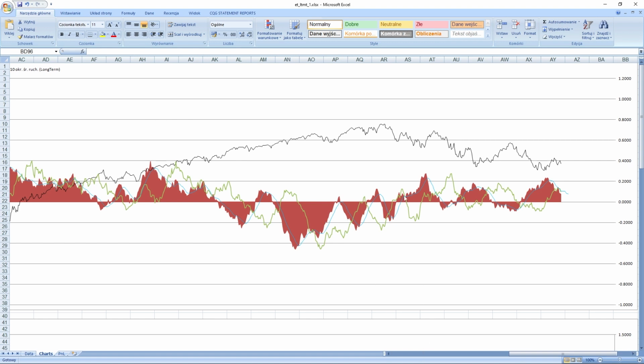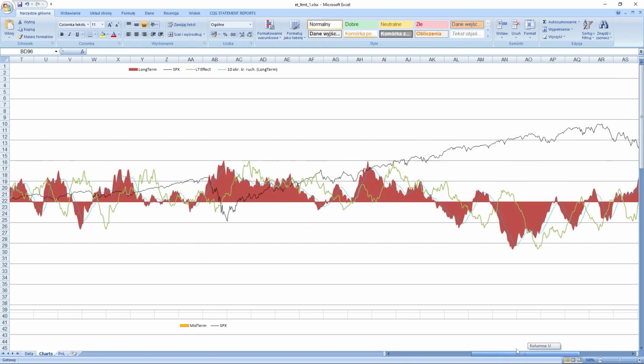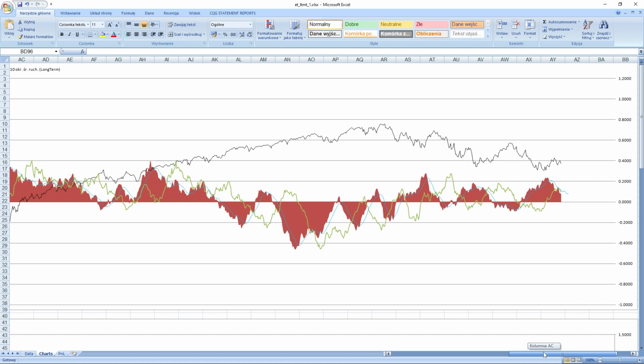I think it's much better presented visually in Excel, and you will be able to choose to show just the last year or the full history, with the possibility to just scroll around, so you will clearly see what's going on here.